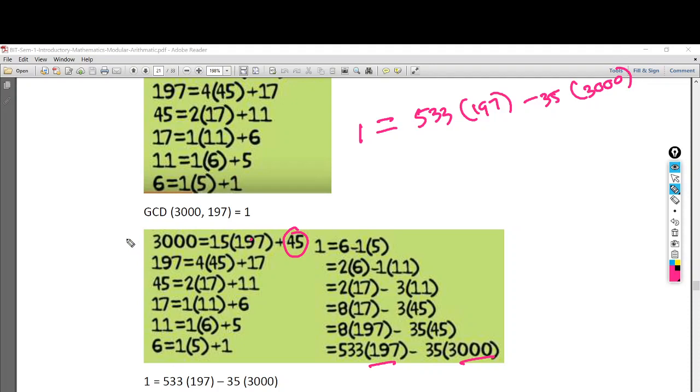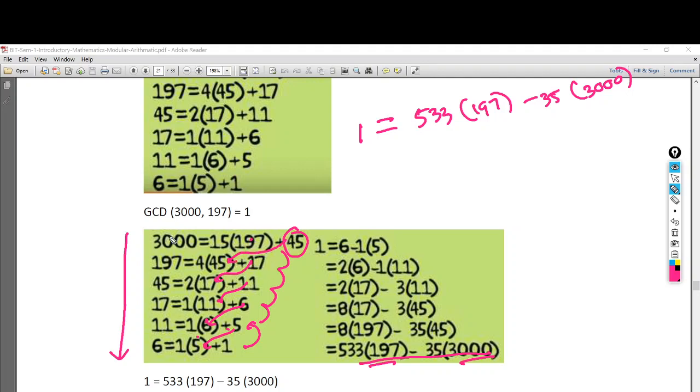So you have to go until you find the GCD. Then you have to backtrack, and you have to keep backtracking and end up like this. Every time you have to substitute. So this 5 you substitute like this, then this 6 is substituted, 11 is substituted, 17 is substituted, 45 is substituted.